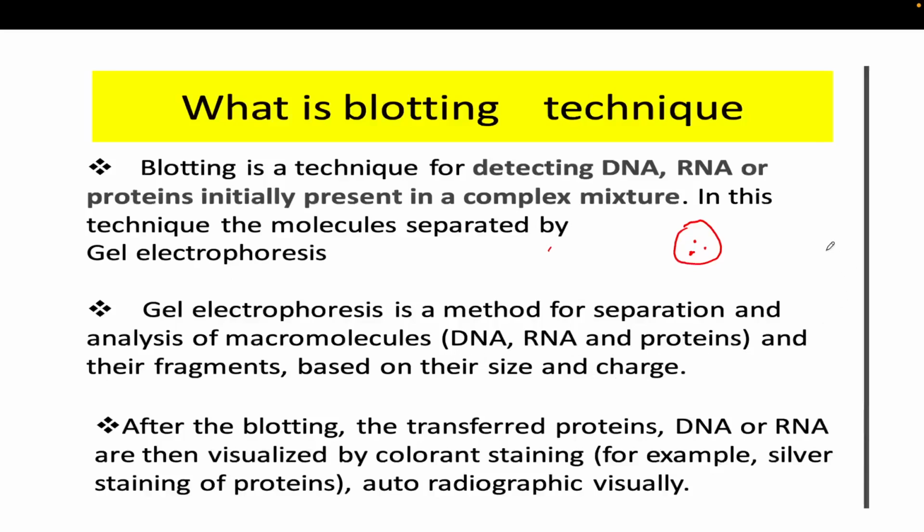If you are doing gel electrophoresis for DNA and RNA, then the gel electrophoresis works as a horizontal unit. Because the DNA and RNA nucleic acids are negatively charged, they will migrate from the negative to the positive charge, from cathode to anode.